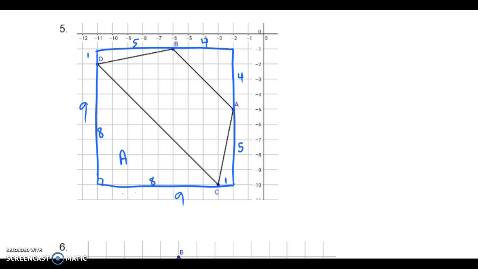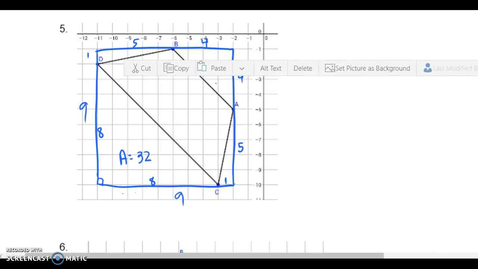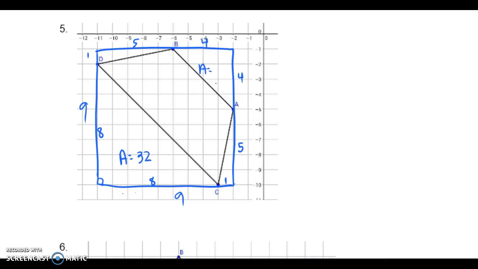So the area of this triangle is going to be 1/2 of 8 times 8. So that's going to give us 32. The area of this triangle is going to be 1/2 of 4 times 4, which is 8. This one will give us 2.5, as will this.